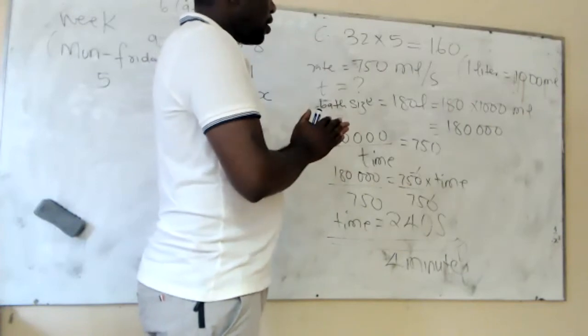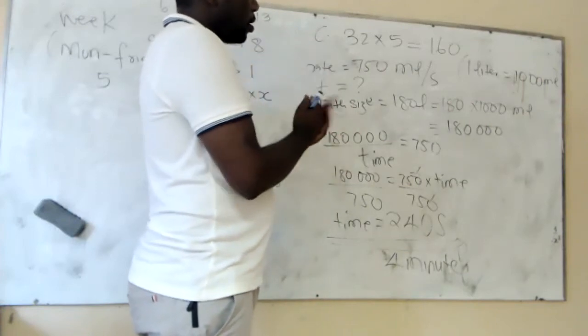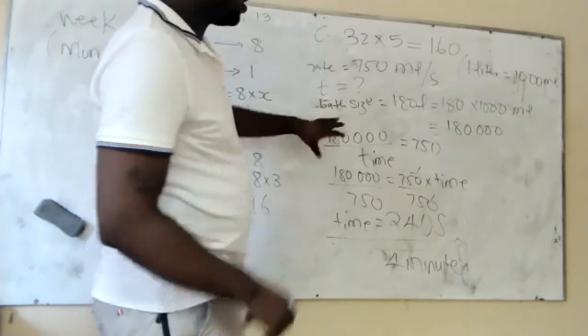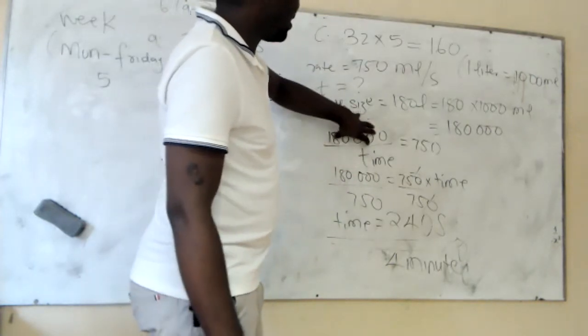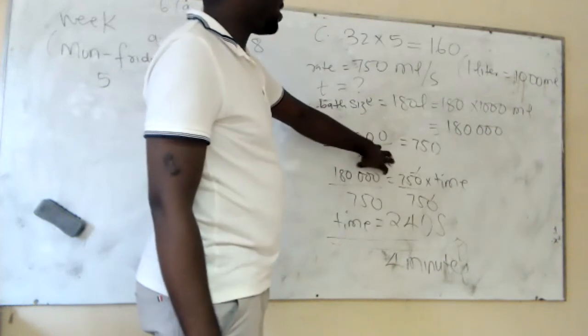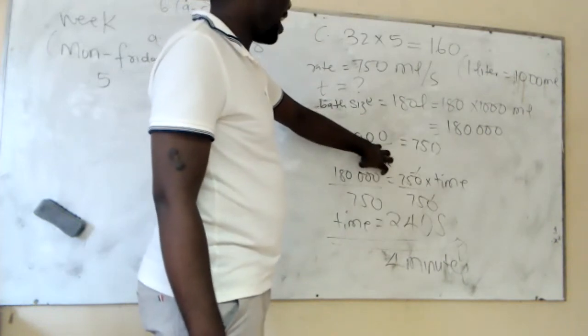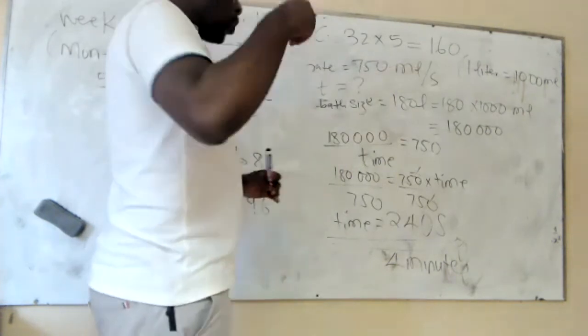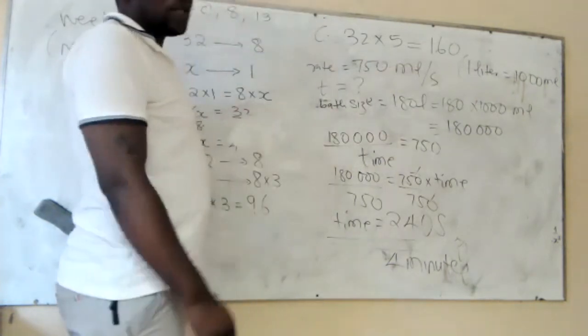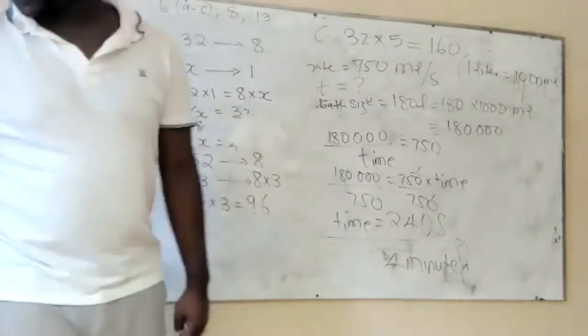When it's filled up, you press the stopwatch. By doing so, if you divide the size of the bathroom by the time, it's going to tell you the rate at which the water was entering the bathroom. A very, very interesting question.